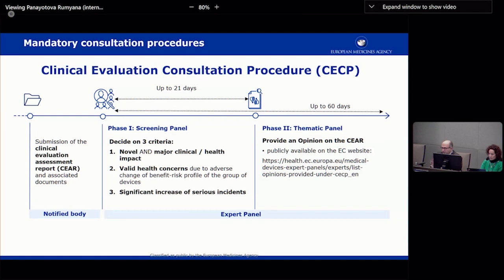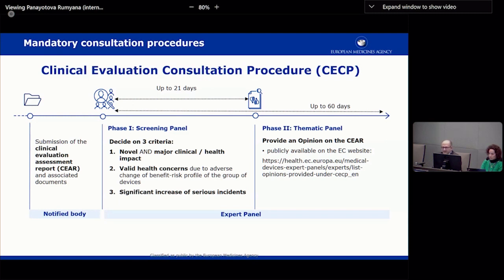And it's on that document and the associated documents with it that the expert panels need to provide an opinion. So an opinion, it's a non-mandatory opinion or an advice on what was assessed by the notified body.